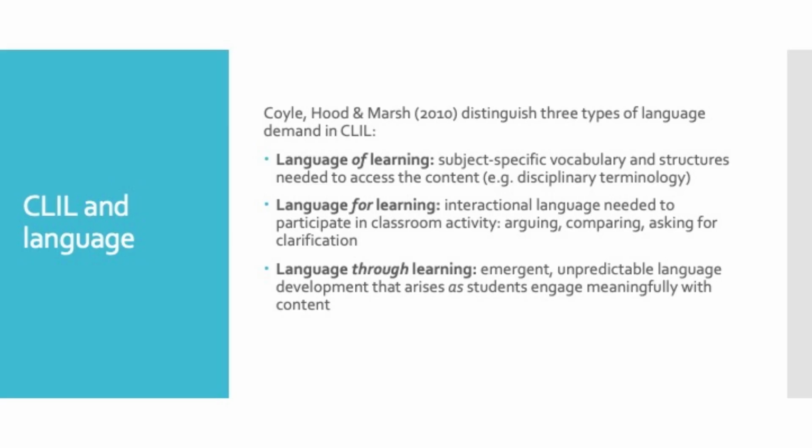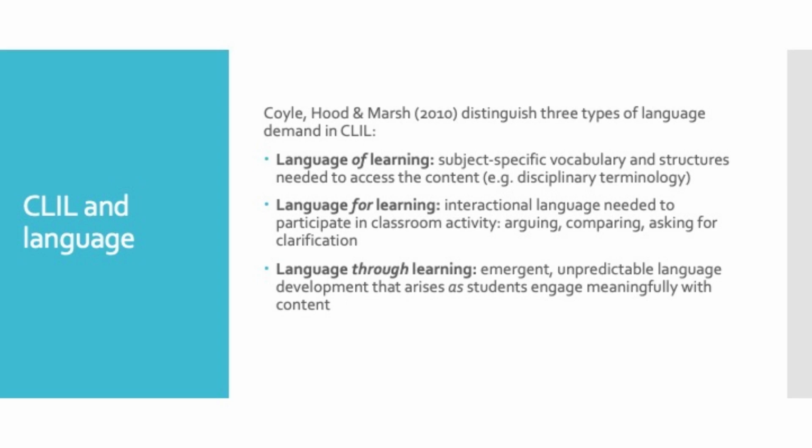The language for learning is about what students need to actually participate in classroom interaction, how to argue a point, compare two positions, and so on. These first two layers are relatively predictable and can be planned for.